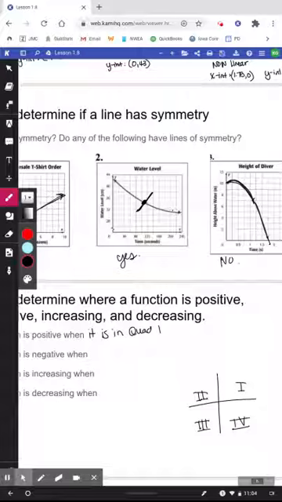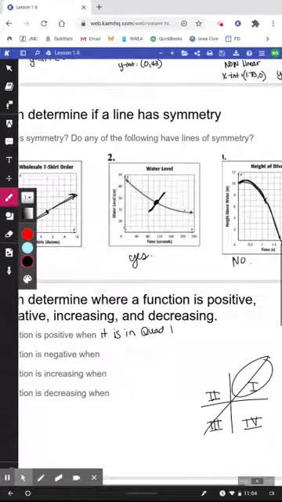So I would think a function would be positive as long as it's up here in this quadrant. My function is negative when it is in quadrants 2, 3, and 4.